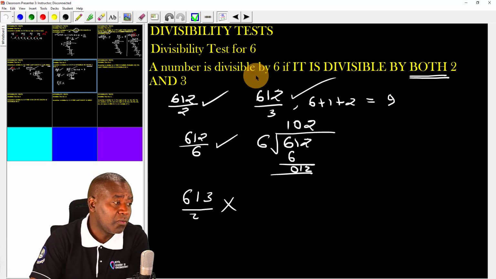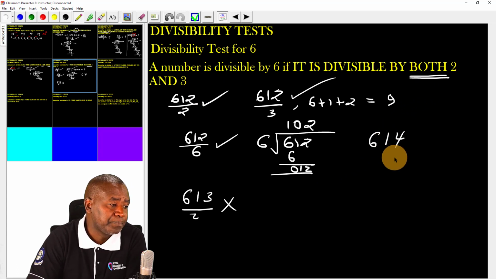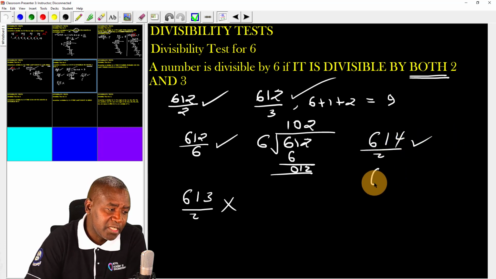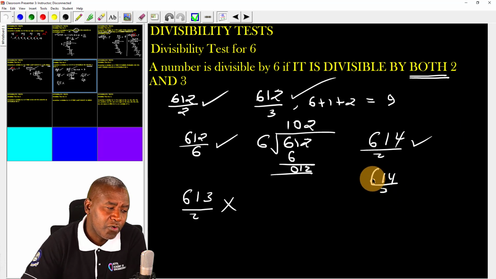One of them can work, like for example 614. Is it divisible by 2? Yes. But is 614 divisible by 3? Let's check. 4 plus 6 is 10, plus 1 is 11. 11 divided by 3? It's not.